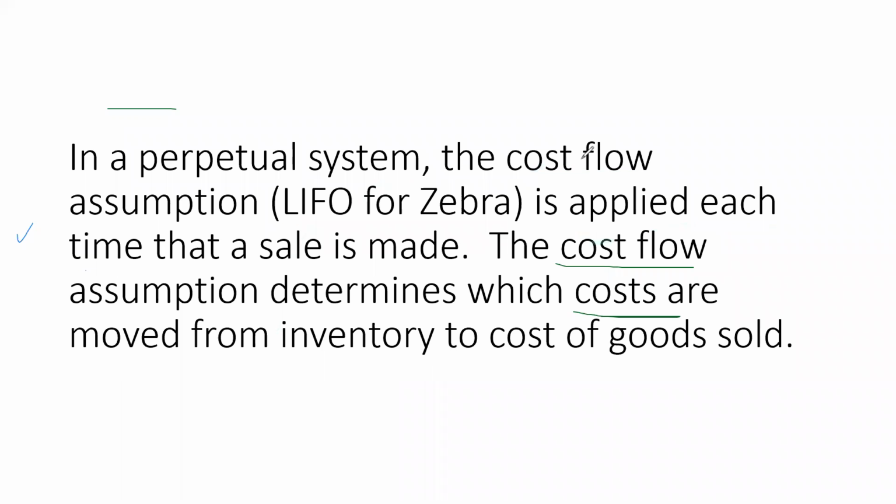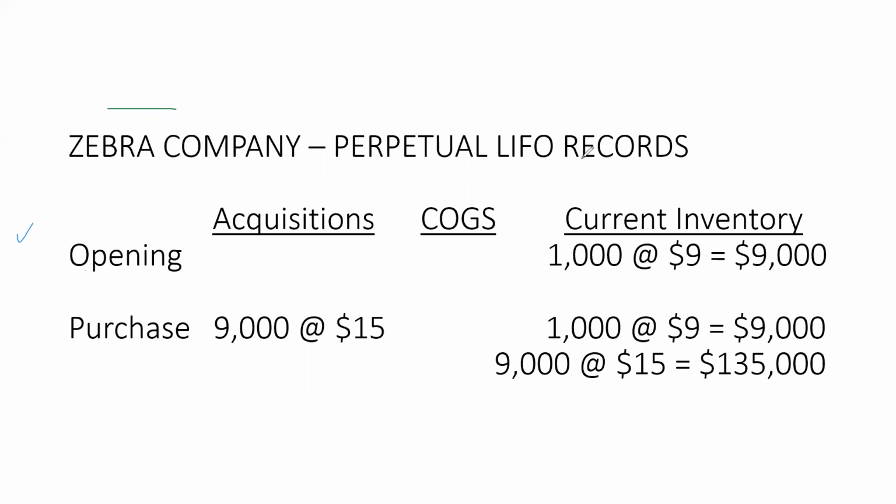So what we want to do is see if we can take the same information we've had before and use it to determine perpetual LIFO records. Go back to what we had. They start, and notice, this is just one way to set this up. You could do this in many different ways.